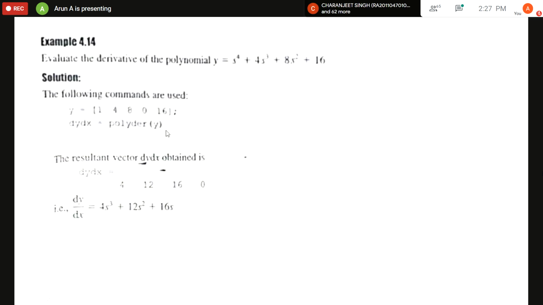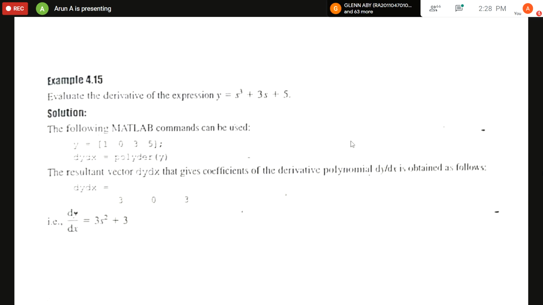So once you give this command, the result is 4, 12, 16, 0. How is it 4, 12, 16, 0? Because when you do it manually, it is dy by dx with respect to differentiation, and the last term is 0, so we are omitting it. We need not bother about this.